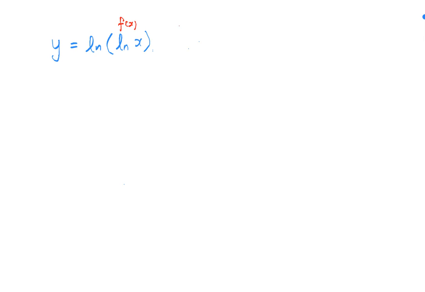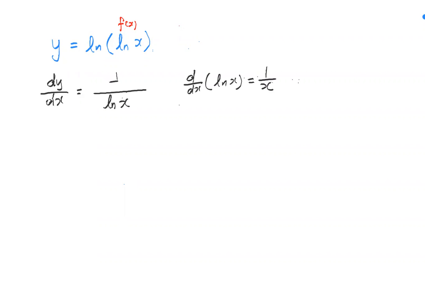That is dy over dx equals ln x put at the bottom. What should I put on top? The derivative of my f(x), which is ln x, which is 1 over x. Got it? So I write here 1 over x.